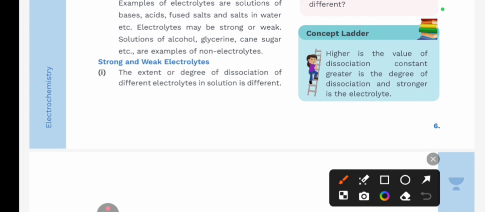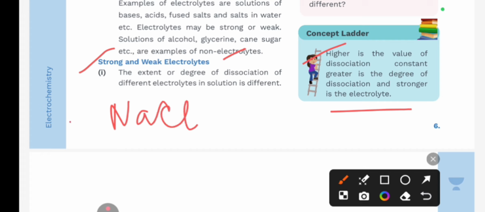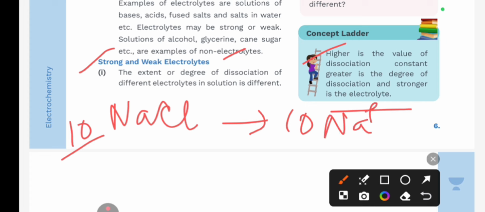So you can see, the higher the value of the dissociation constant, the greater the degree of dissociation, and the stronger the electrolyte. So you can define two types of electrolytes, strong and weak electrolytes. Suppose you take the example of NaCl. 10 molecules of NaCl are taken and 10 sodium ions and 10 chloride ions are formed.